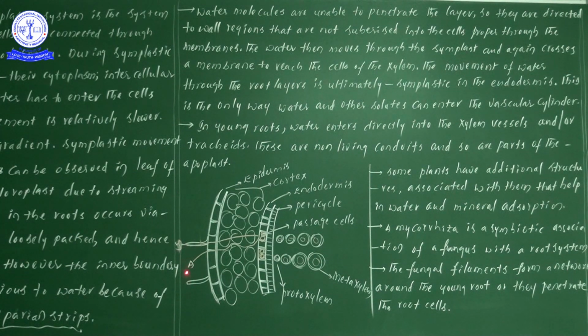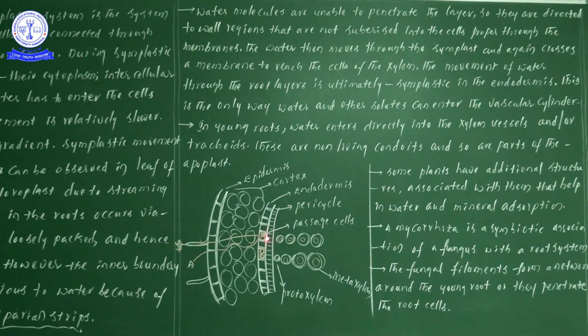A stands for apoplast and S stands for symplast. Here the water transportation takes place through the intercellular spaces up to here only. But here passage cells are there. Up to here there are two pathways, but here only one pathway, that is the symplastic pathway.